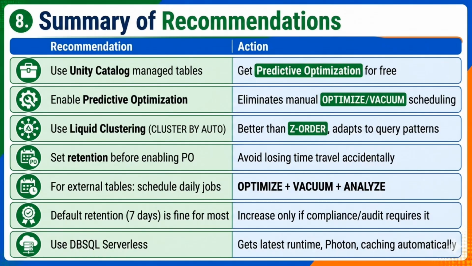For external tables, schedule daily optimize, vacuum, and analyze jobs. Keep the default 7-day retention unless compliance or auditing requires more. And finally, use DB-SQL serverless to get the latest runtime, Photon, and automatic caching. Those are the key recommendations to keep your Databricks environment optimized, automated, and easier to maintain.